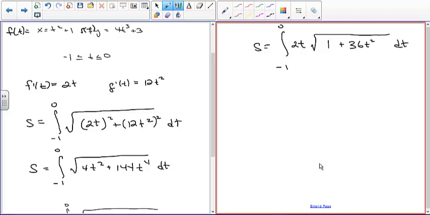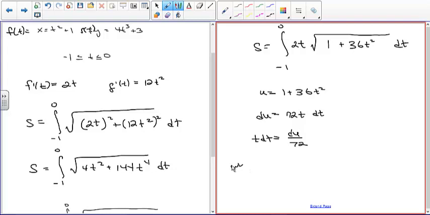Okay, so now if you let u equal 1 plus 36t squared, du will equal 72t dt, or t dt equals du divided by 72. And since we're doing a definite integral, we probably could go ahead and redefine the limits.